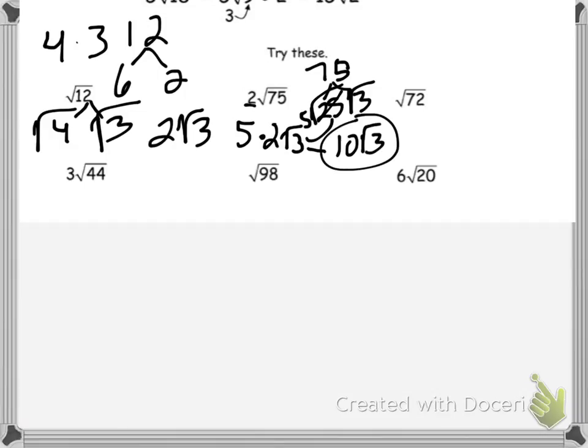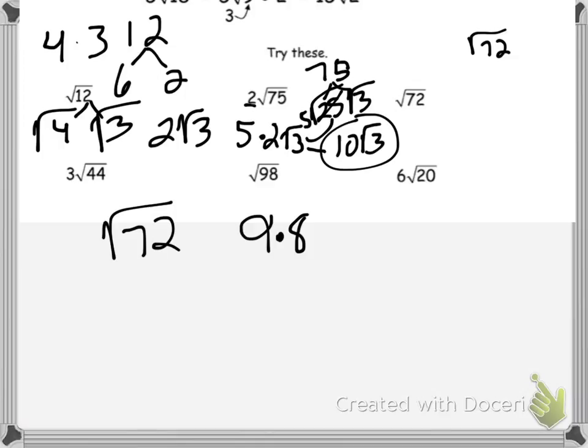Square root of 72. Now, there are a bunch of different factors of 72. Let's go down here and do it so we can see a little bit better. Square root of 72. Now 9 times 8 is 72.